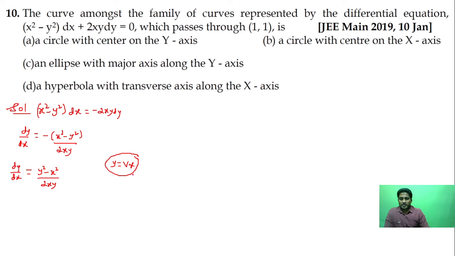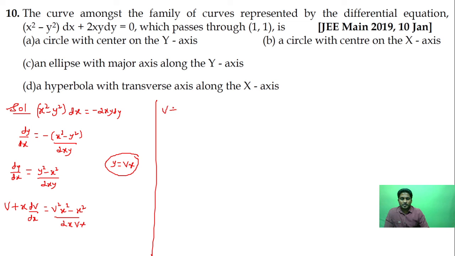So if I put y equal to vx, dy by dx becomes v plus x into dv by dx, if I substitute here. Is equal to, y is equal to vx, so this becomes v square x square minus x square divided by 2x into vx. So you take x square common and cancel.